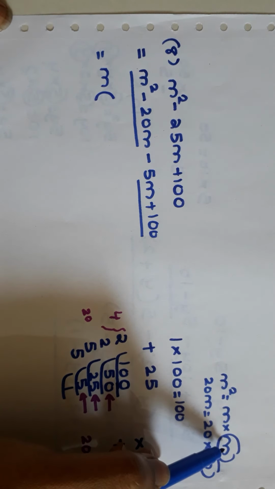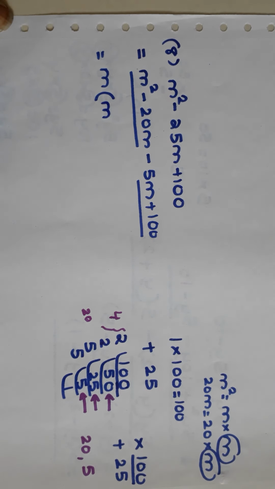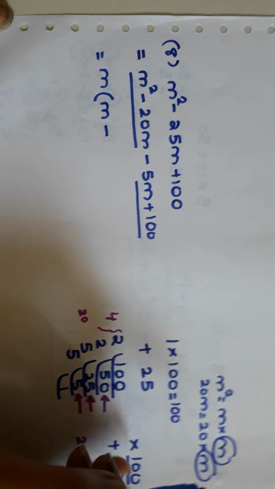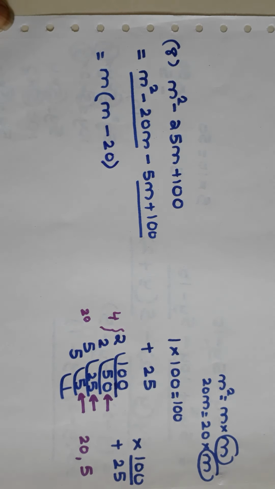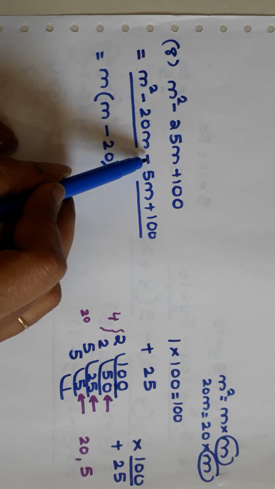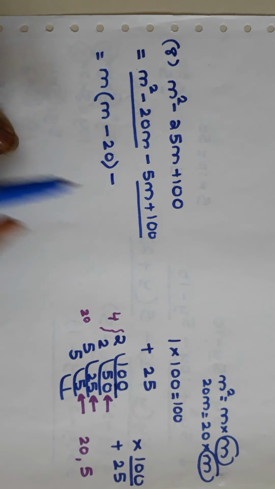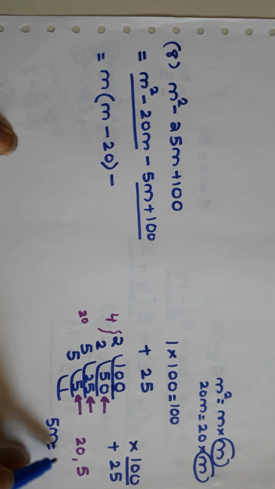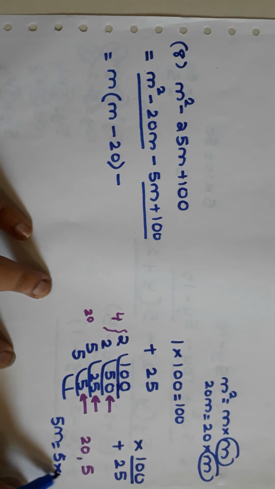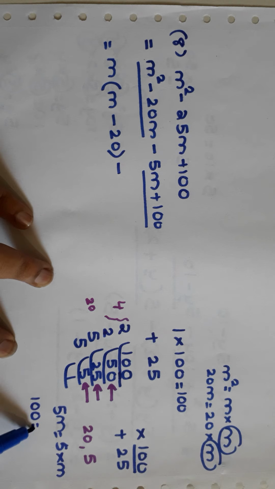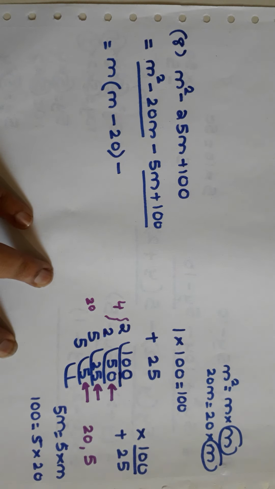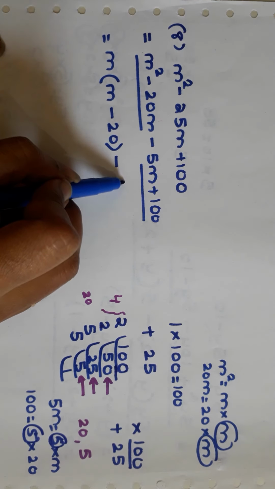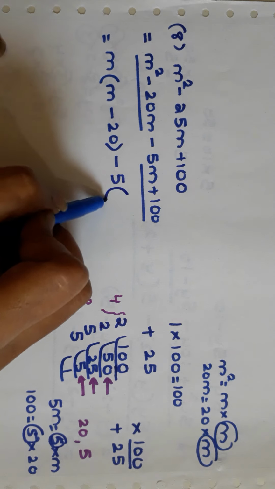When you take m common from the first term, there is only one m, and in the second term, there is only minus 20. Bracket complete. Here we have a minus sign, so we will take minus also common. 5m is 5 into m, 100 is 5 into 20. 5 is common, so take 5 common, put a bracket.